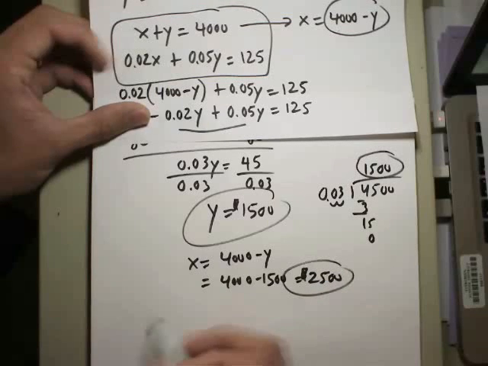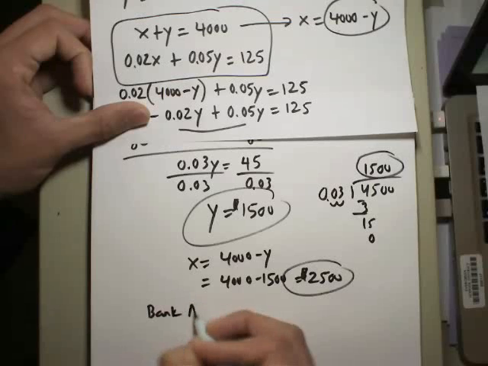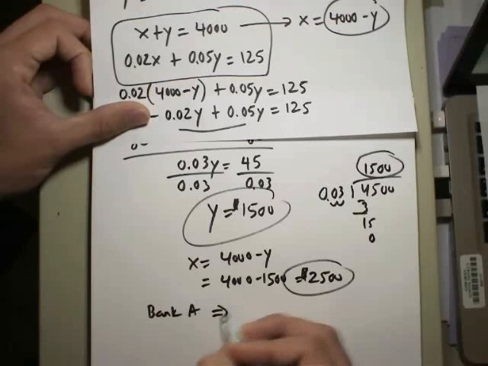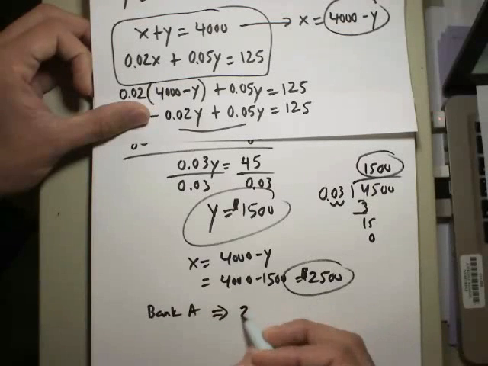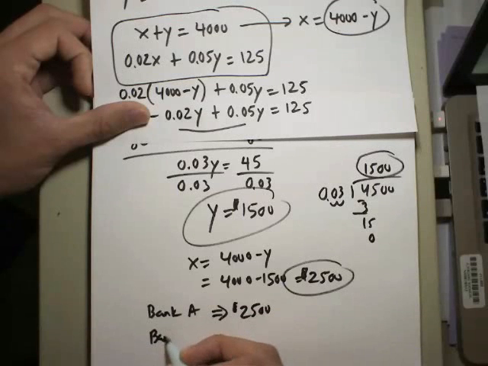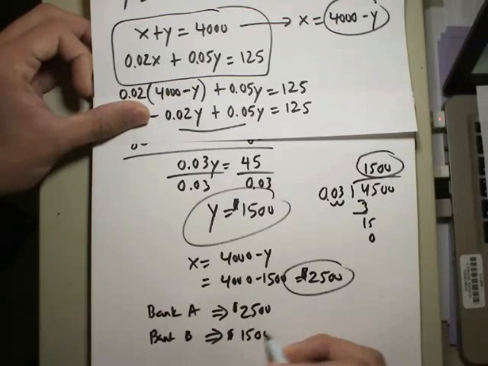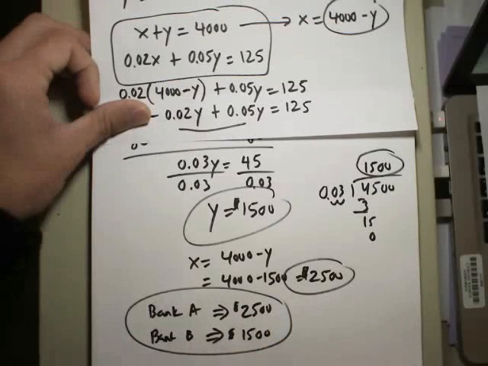Okay, so your final answer would be, in bank A, Matthew invested $2,500, and for bank B, 1,500 bucks. So that would be your final answer for that one.